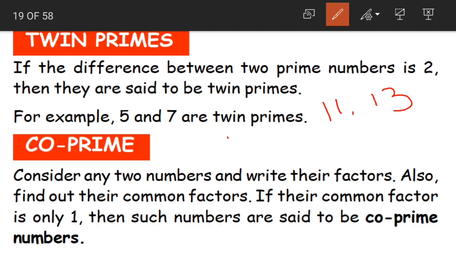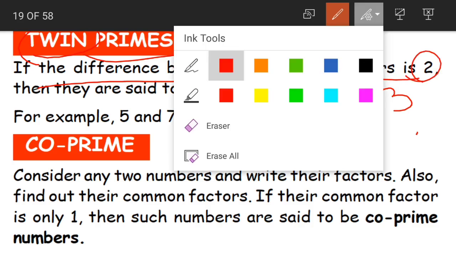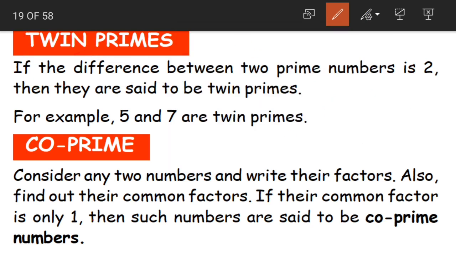Twin primes are those prime numbers whose difference is 2. Twin means two people, so the difference is equal to 2. Okay, children? Now coming to our next topic, which is co-primes.